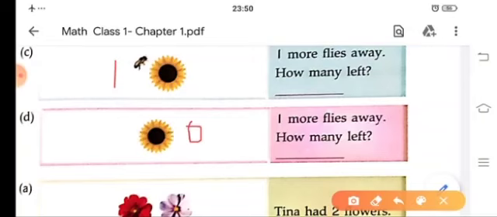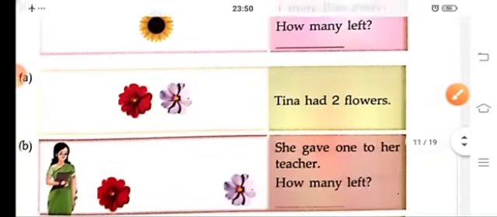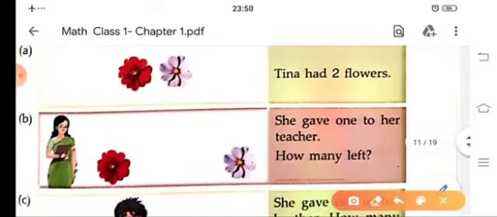So it is 0. So 0 means nothing. So let us move on to the next picture. Here, Tina, children. You heard about Tina, children? She was on the swing. So she has 2 flowers. 1, 2. She loves her teacher. So she gave 1 flower to her teacher. So how many flowers are left? 1. Okay.